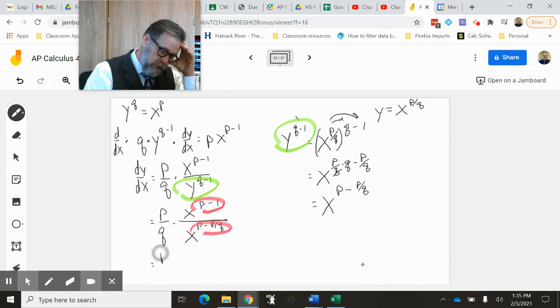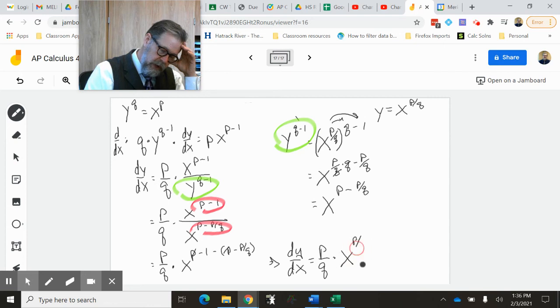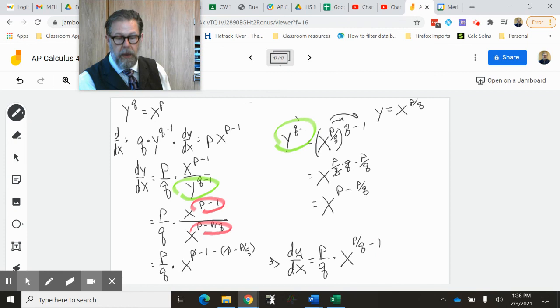So this equals p over q times x to the p minus 1 minus p minus p over q. p minus p is 0. Negative and a negative is a positive, and what I get is that the derivative of y with respect to x is equal to p over q times x to the, well, the p over q becomes positive, and the 1 becomes negative.